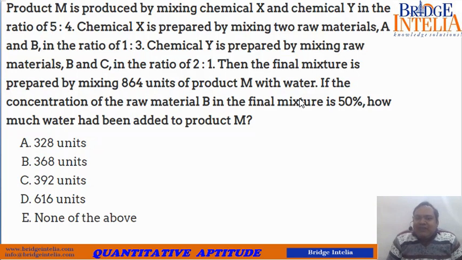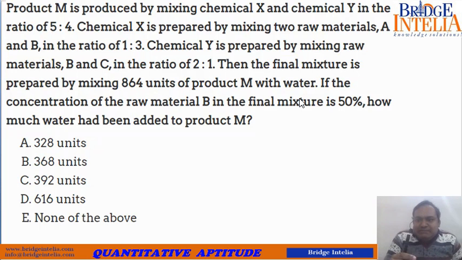Then the final mixture is prepared by mixing 860 units of product M with water. If the concentration of the raw material B in the final mixture is 50%, how much water has been added to the product?